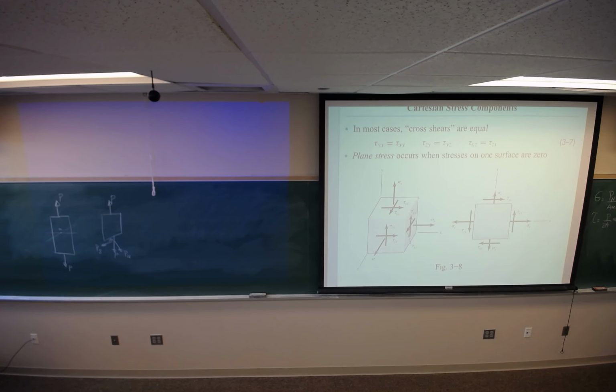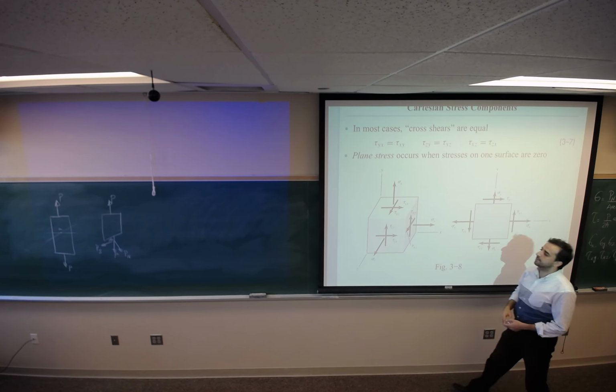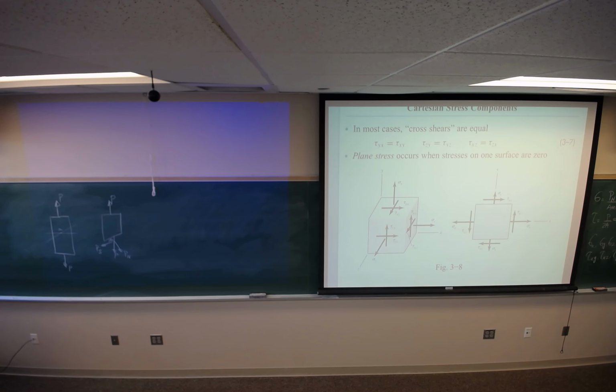So totally you can imagine 9 terms: 1, 2, 3, 4, 5, 6, 7, 8, 9. Each plane has 3 terms, there are 3 planes, so we are gonna have 3 times 3, 9 terms.